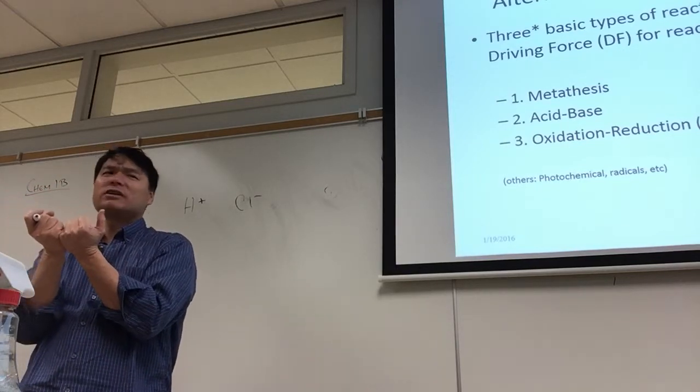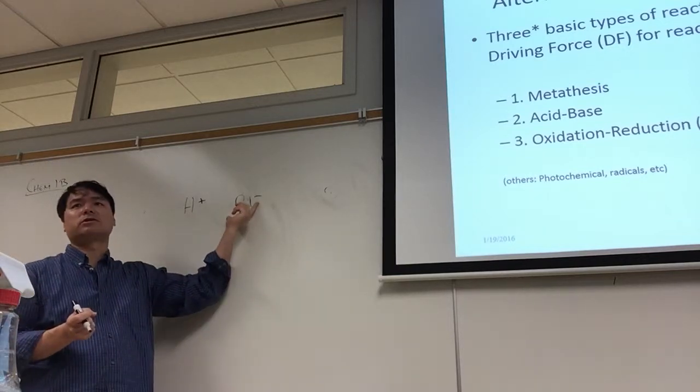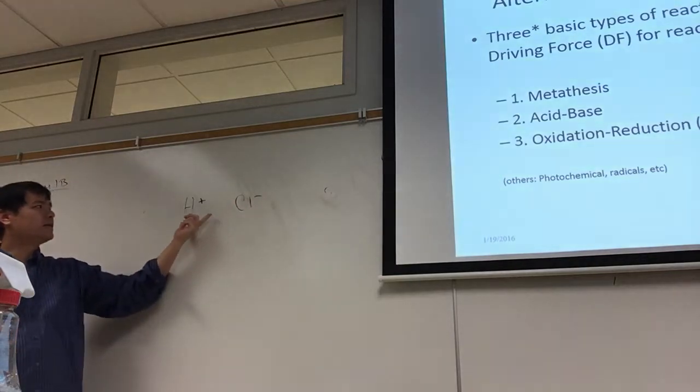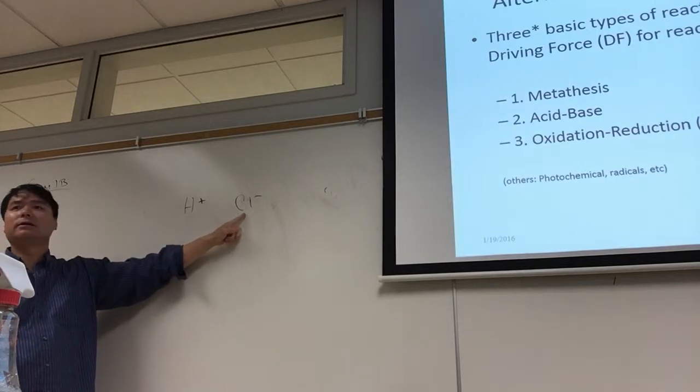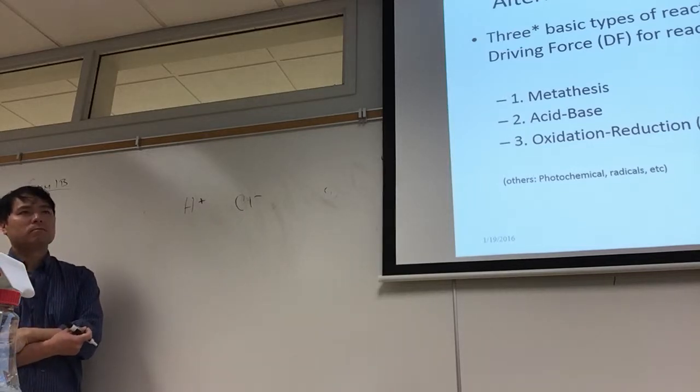Well, chloride's not a very good base. In fact, chloride's such a weak base, we call it a neutral solution. And so it basically likes stronger things like hydroxide. Hydroxide's a pretty good base. But those could also be classified as acid-base reactions, because hydroxide's a base, carbonate's a base, sulfide's a base, etc.